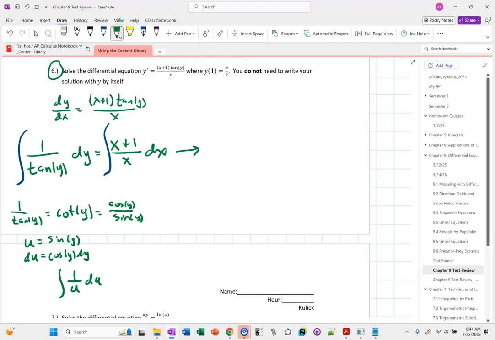So this is going to be the natural log of the absolute value of sine y equals, now how am I going to integrate the other side? X plus 1 over x. Can I integrate it the way it's currently written?